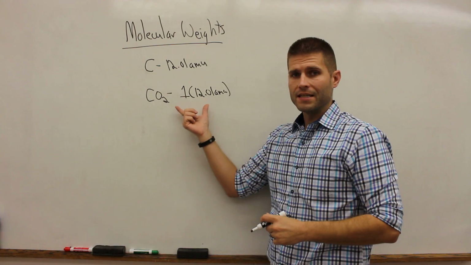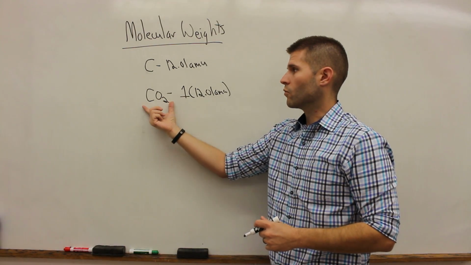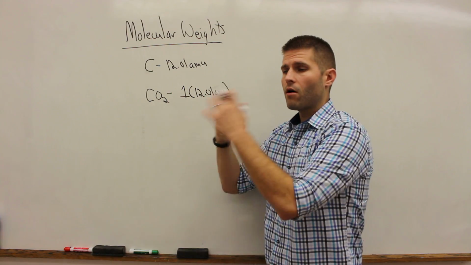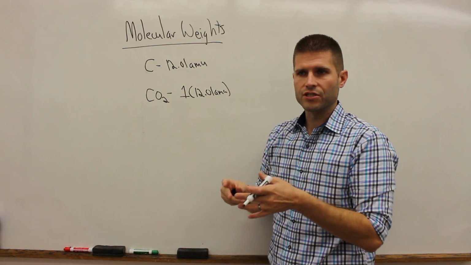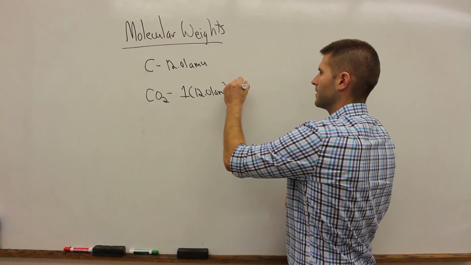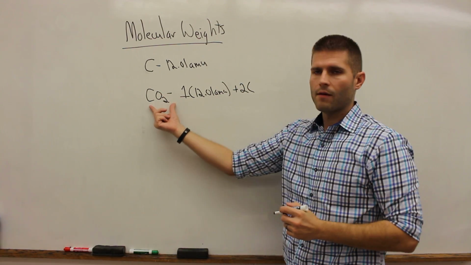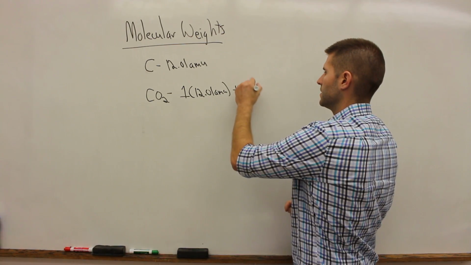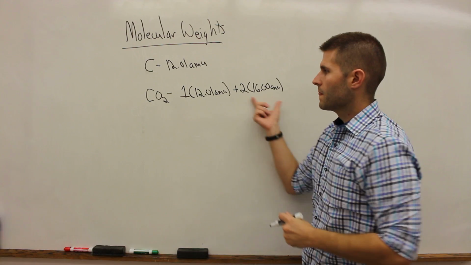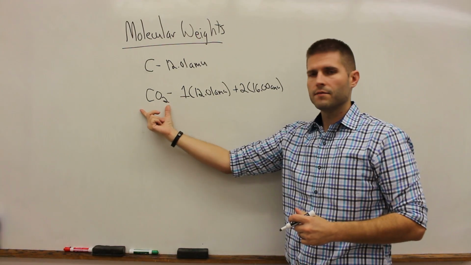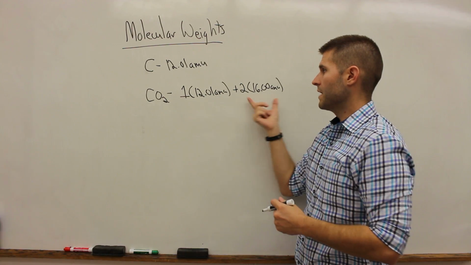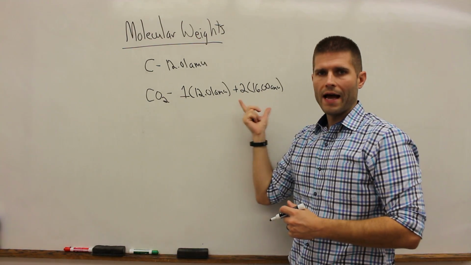We're going to add to this, to find the overall molecular weight of carbon dioxide, the contribution from oxygen to the overall weight. Since there are two oxygens, we're going to add 2 times the atomic mass of oxygen, which is 16.00 AMU. Since there are only two elements that make up carbon dioxide, we will only have 2 parts to add together here.